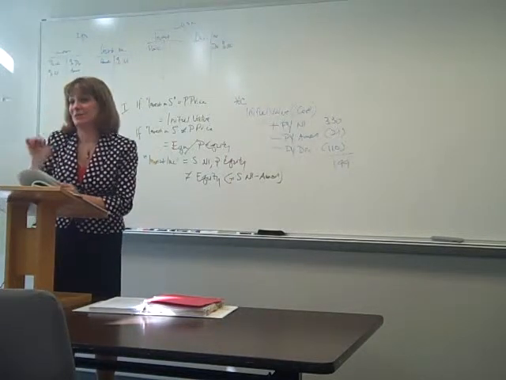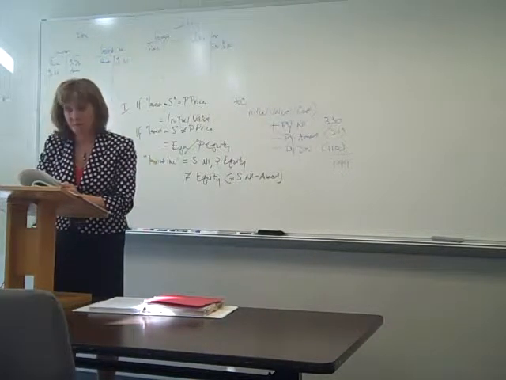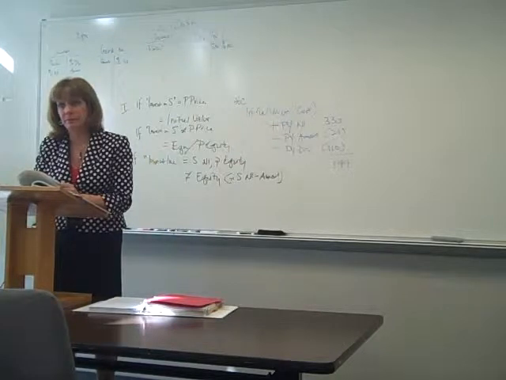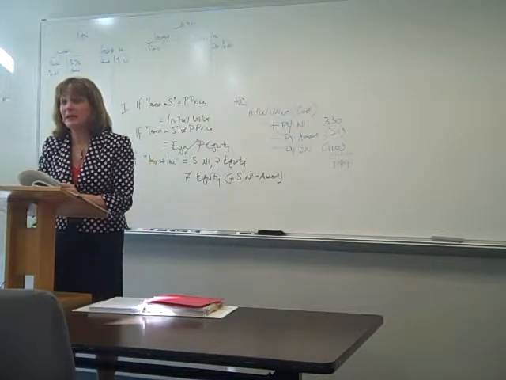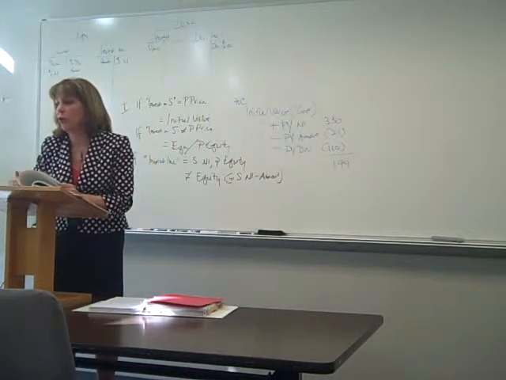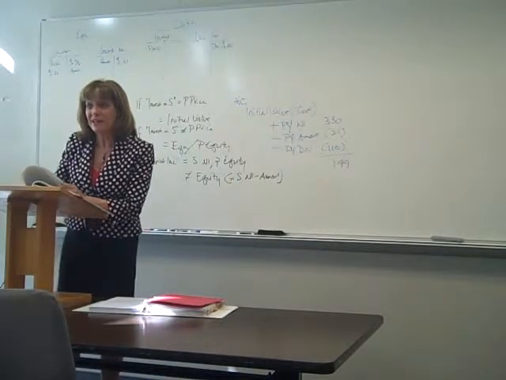But the beginning numbers are different. Your investment balance is different on all 3. Your investment income or your dividend income is different on all 3. But your consolidated totals are the same.